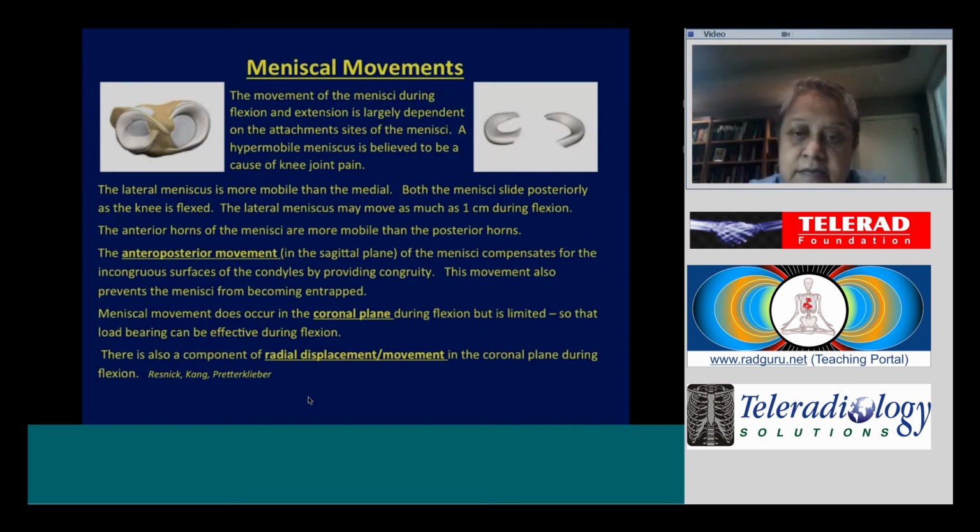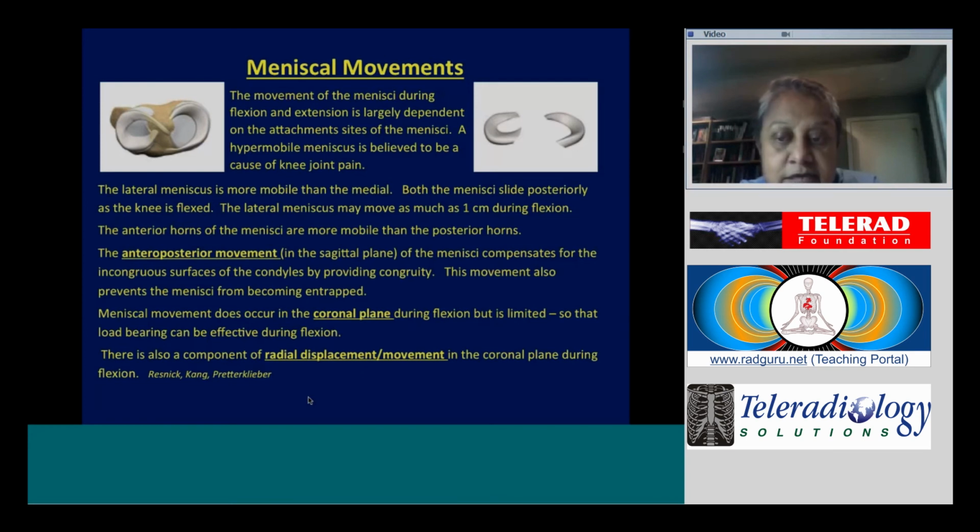During anterior-posterior movement of the menisci, which occurs in the sagittal plane, the menisci serve to compensate for the incongruous surfaces of the condyles. This movement also prevents the menisci from becoming entrapped. Meniscal movement occurs to some extent in the coronal plane as well.